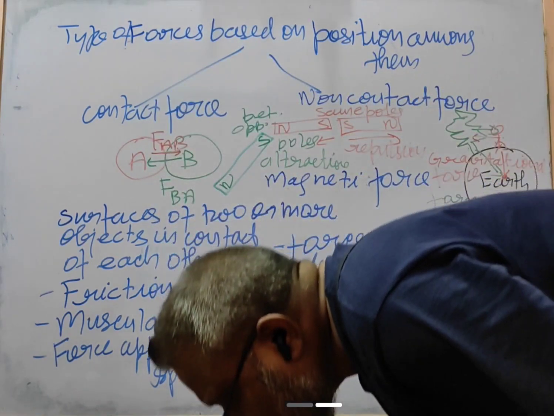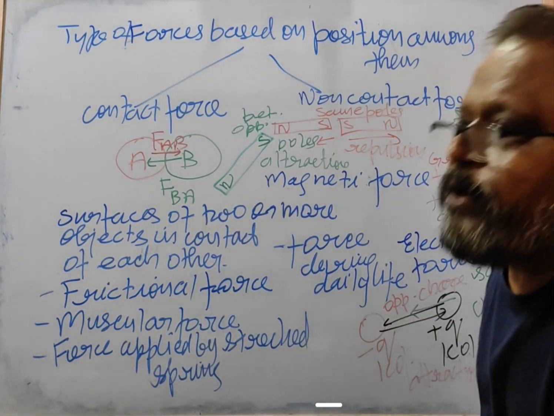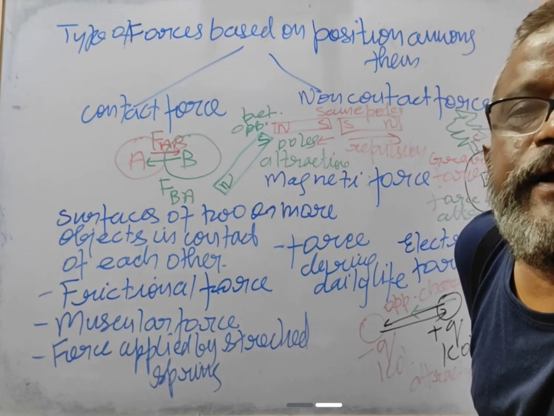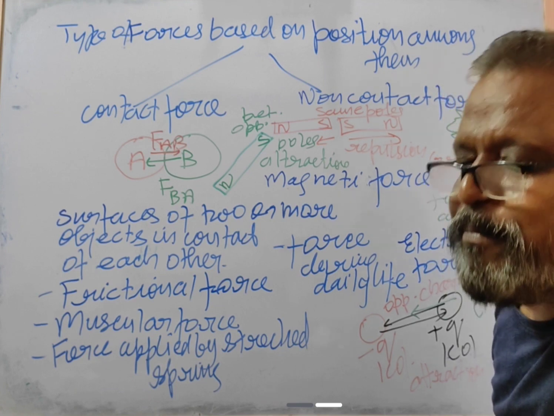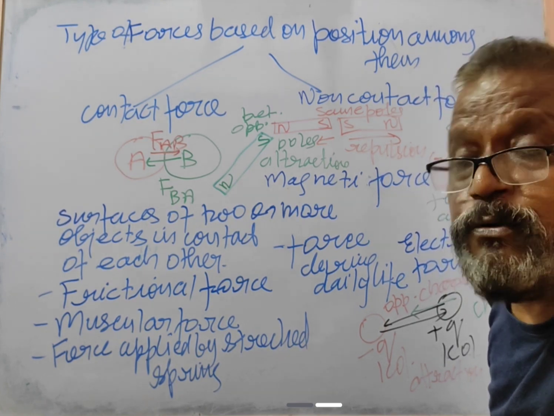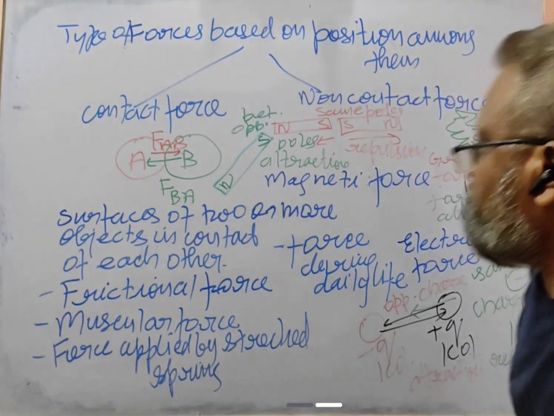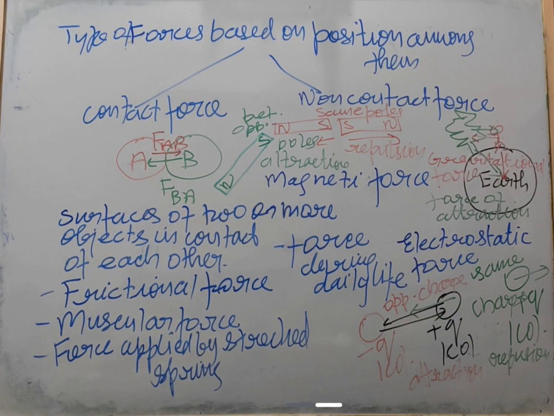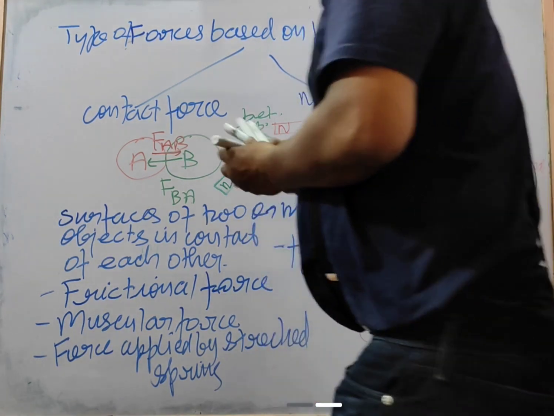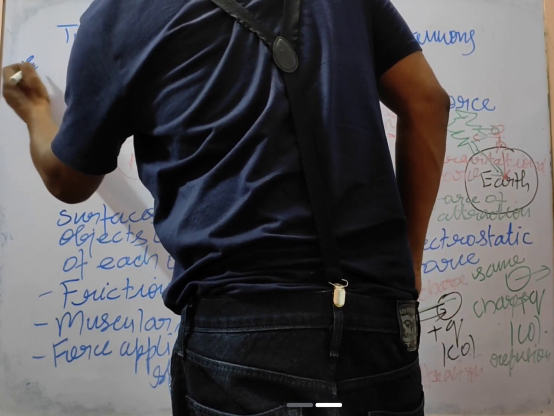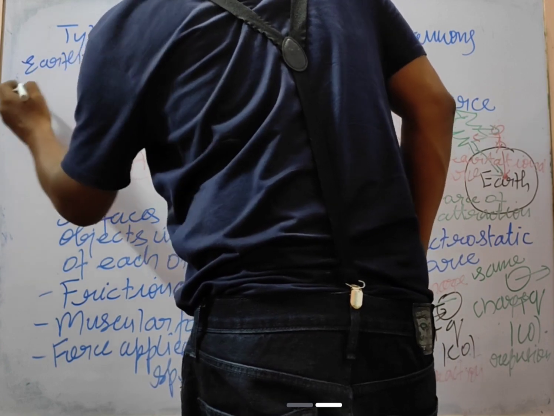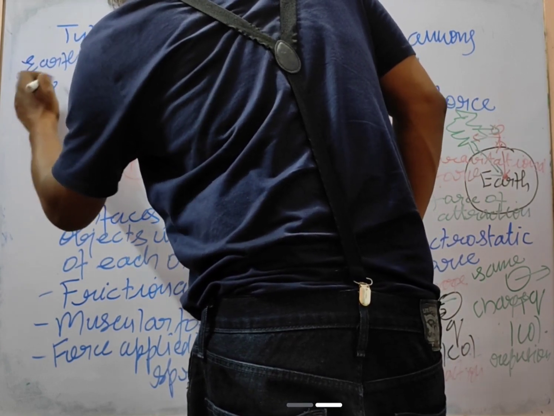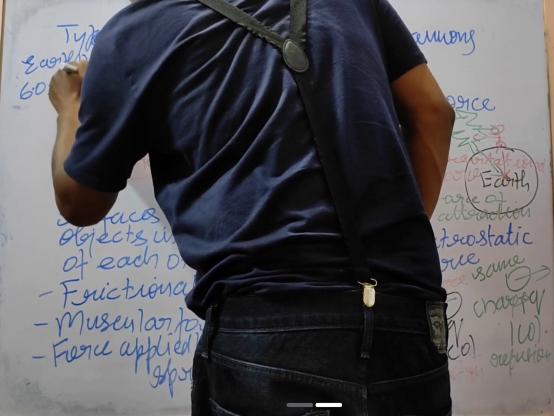Mass of Earth is around 6.0 into 10 raised to the power 24 kg.